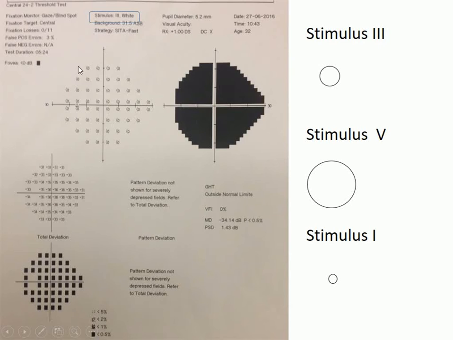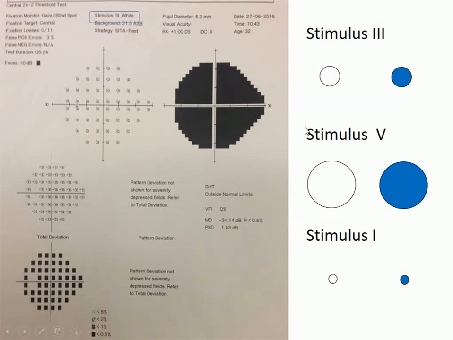And so before we give up on them, we should increase the stimulus size, and we could repeat the test, increasing the stimulus size to 5. The smallest stimulus that can be used on the other end of the spectrum is a 1. But by far and away, the vast majority of tests that are done use stimulus 3 as a default.